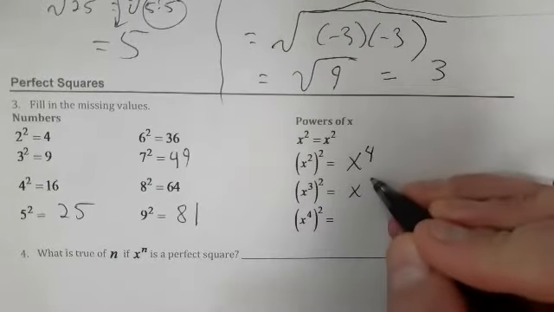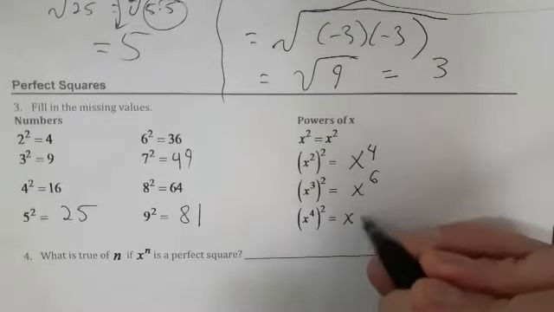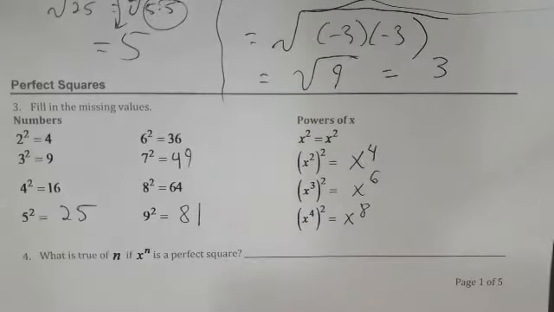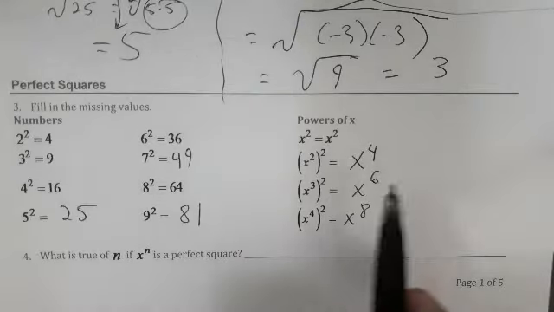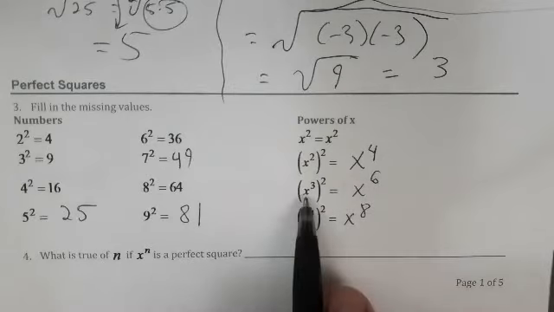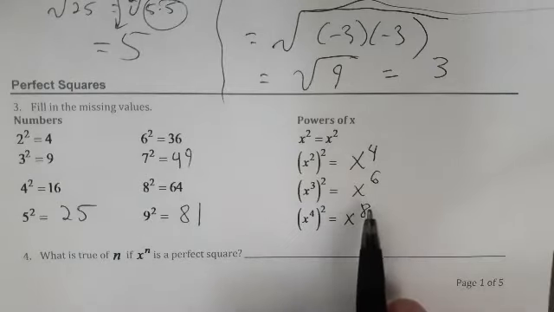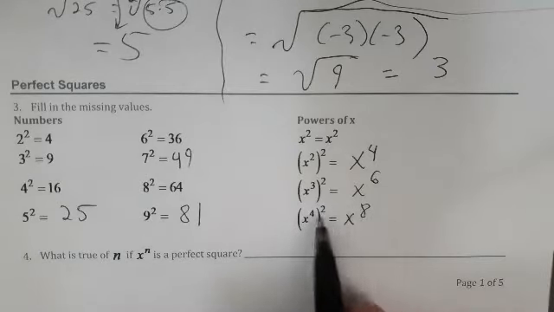X to the 3 times 2 is giving me x to the 6. X to the 4 times 2 is giving me x to the 8. And so if I take a square root of x to the 4th, it'll be x squared. I can take a square root of x to the 6th, it'll be x to the 3rd. So if I'm going the other way, it's like I'm dividing by 2 to take a square root.